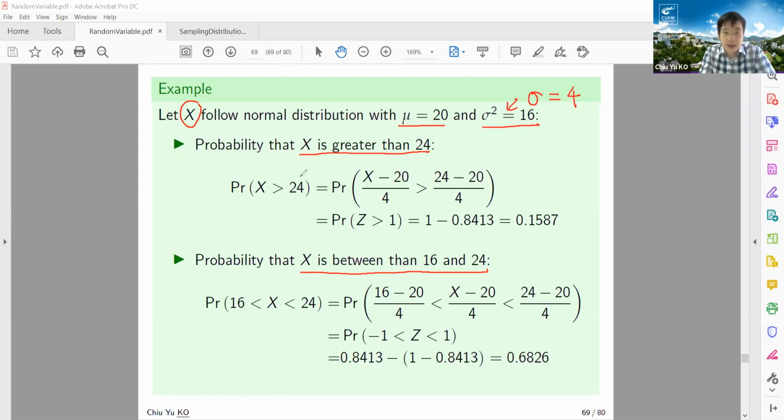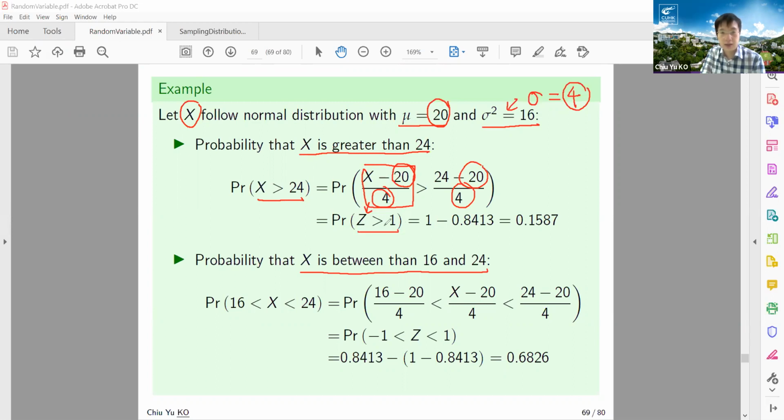The good thing is we can replace x with z through standardization. Standardizing means you subtract the mean and divide by the standard deviation, so both sides subtract 20 and divide by 4. This is called the standardized normal, and this is 1.